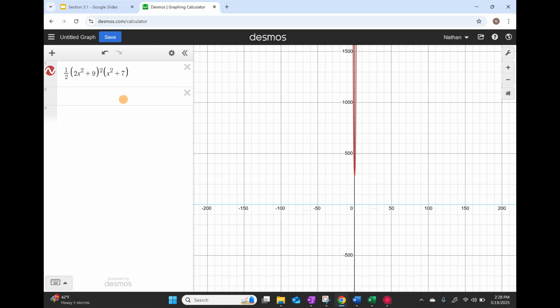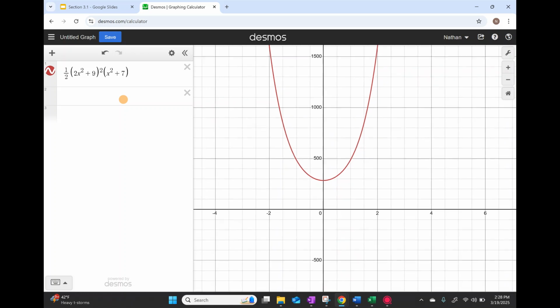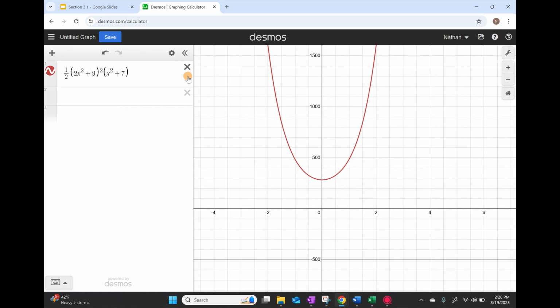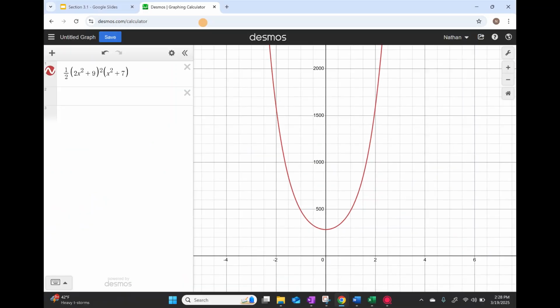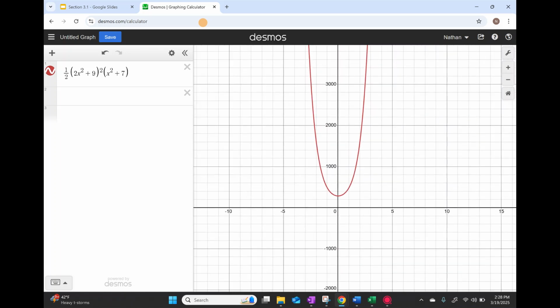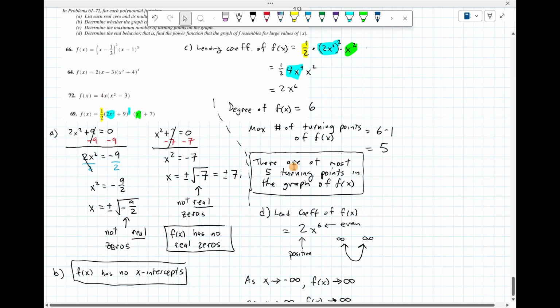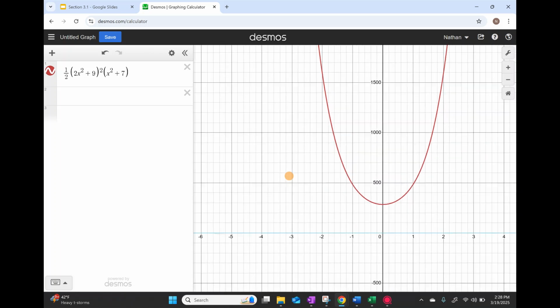So notice it does not cross the x-axis. It has no x-intercepts. It has no real zeros. The amount of turning points that we can see, it looks like there's just one turning point. Now, we predicted that there would be at most 5 turning points, and in fact it seems most likely that there's really only one turning point.